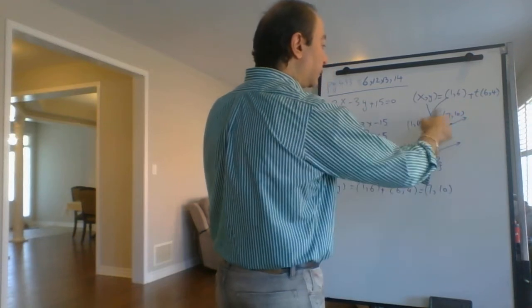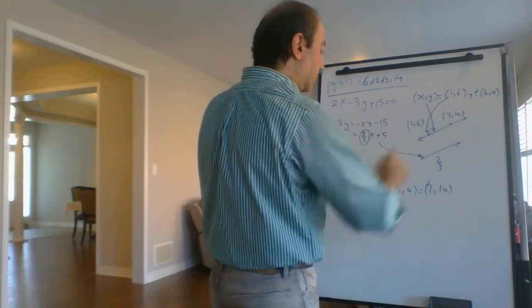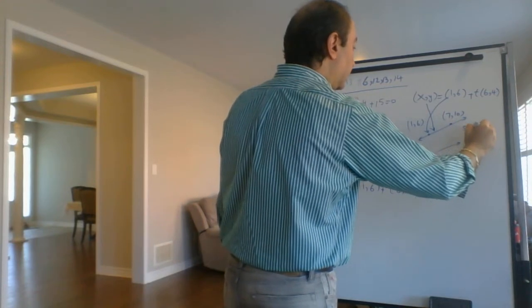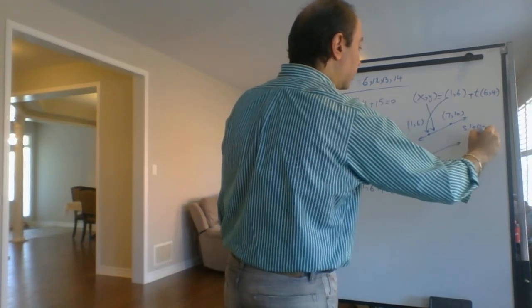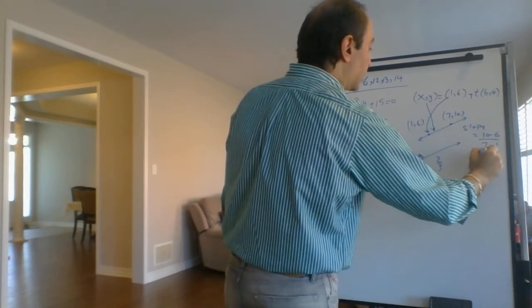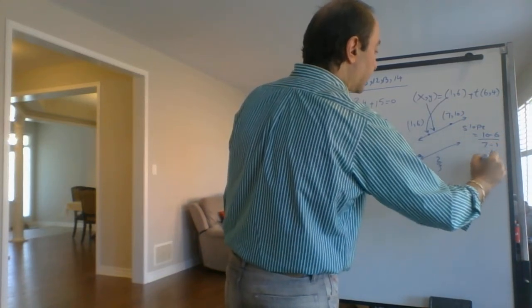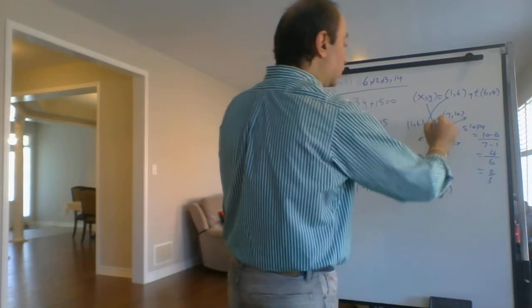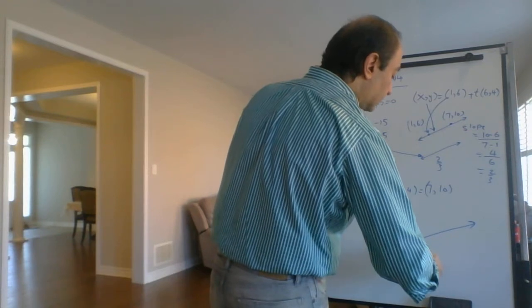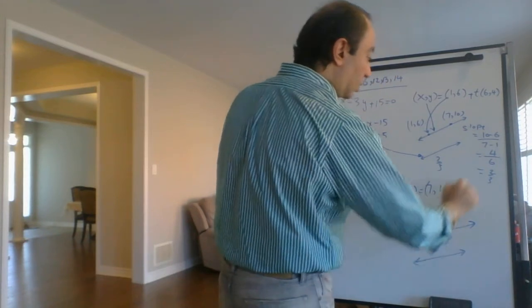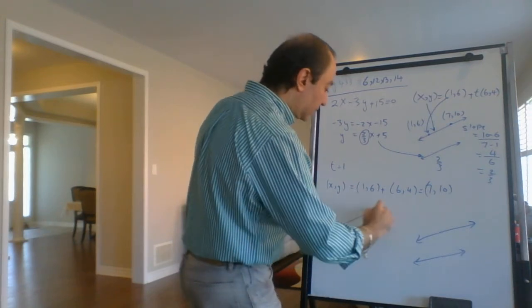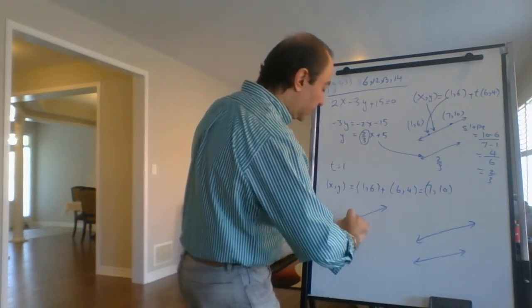The slope equals the difference in y over the difference in x, so 10 minus 6 over 7 minus 1, which is 4 over 6, which is 2 over 3. So those two lines are either parallel, because they have the same slope, or they are coincident, the same line.